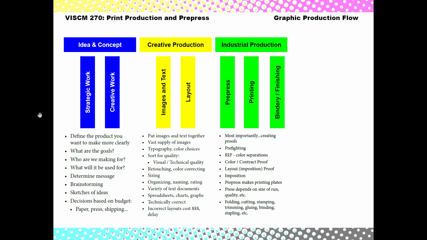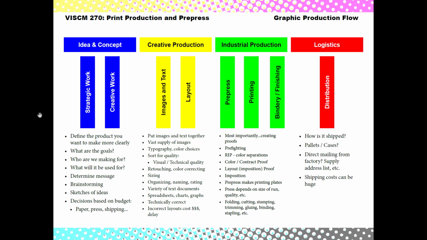After everything's gone through the bindery and finishing, then the final phase is just distribution, the logistics of how is this going to be shipped? Is the printer going to ship it out directly to the customer for you, or are they giving it to you and then you give it to the client? Is it going to be in cases and pallets? If they're doing direct mailing from the factory, then what do you need to supply?